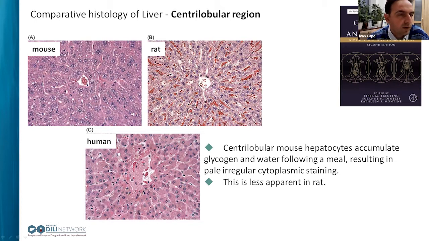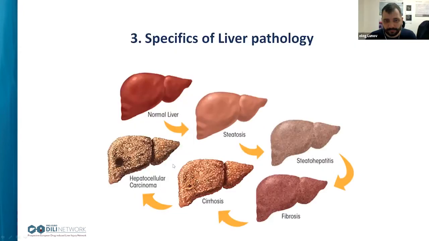We have a lower concentration of glycogen in rats, and it is not so abundant in the human. In humans we also cannot see the basophilic accumulation that is very common in the mouse. So it is not the same if we are looking as a human pathologist.